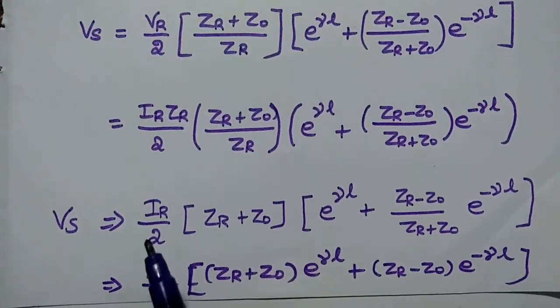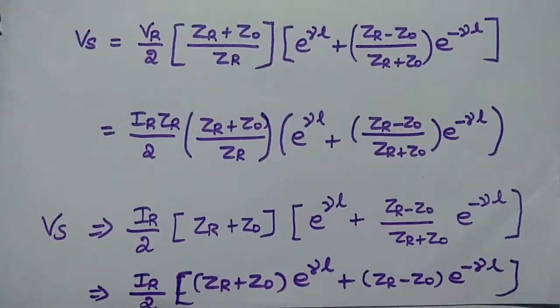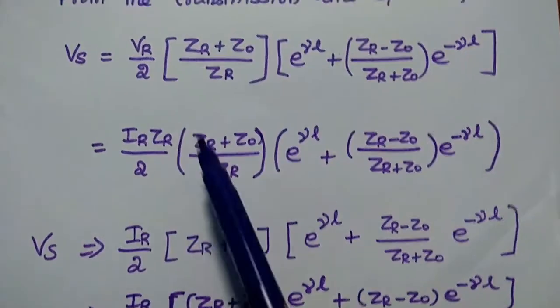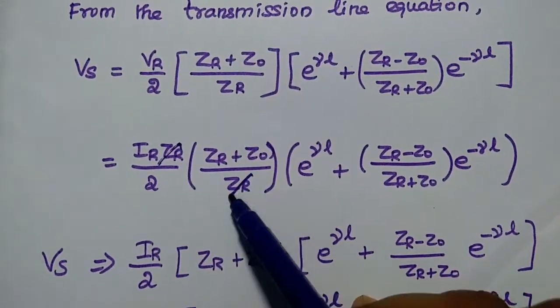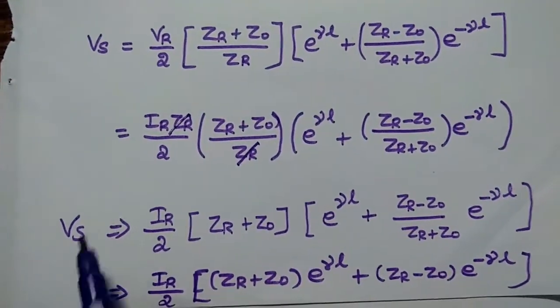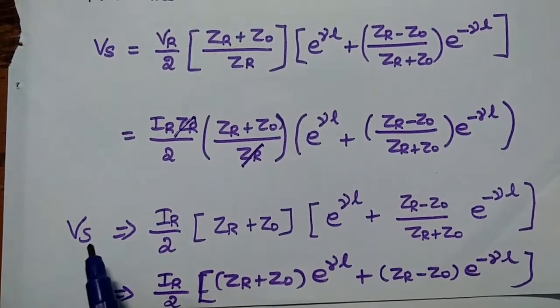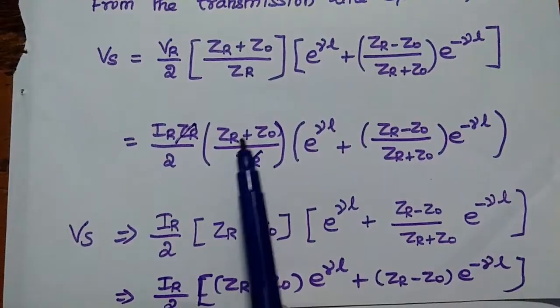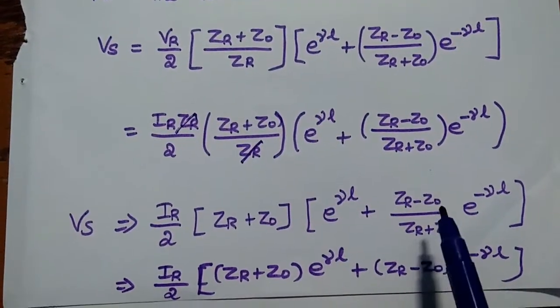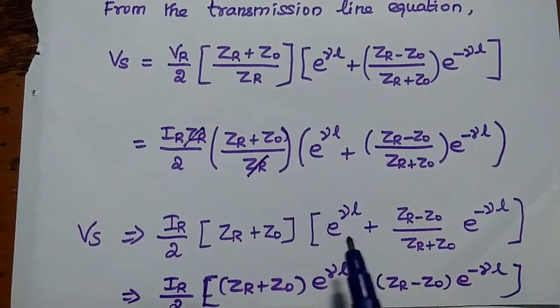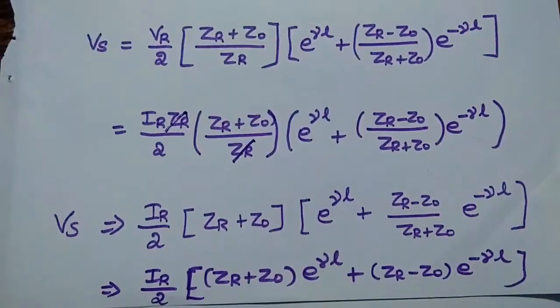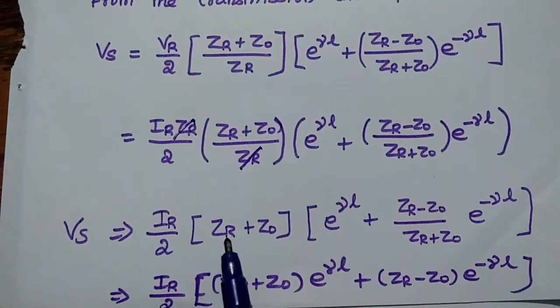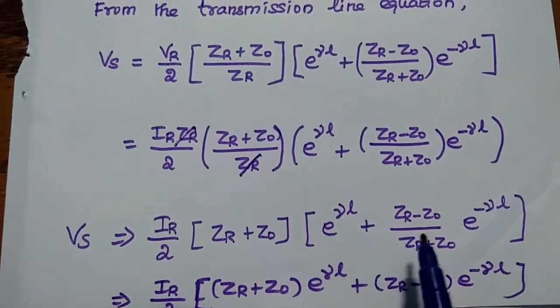So in the next step, we can get the value IR because this ZR cancels. So here the sending voltage Vs is equal to IR divided by 2 into ZR plus Z0 of this value. Correct? So next we are going to multiply this ZR plus Z0 inside this bracket.